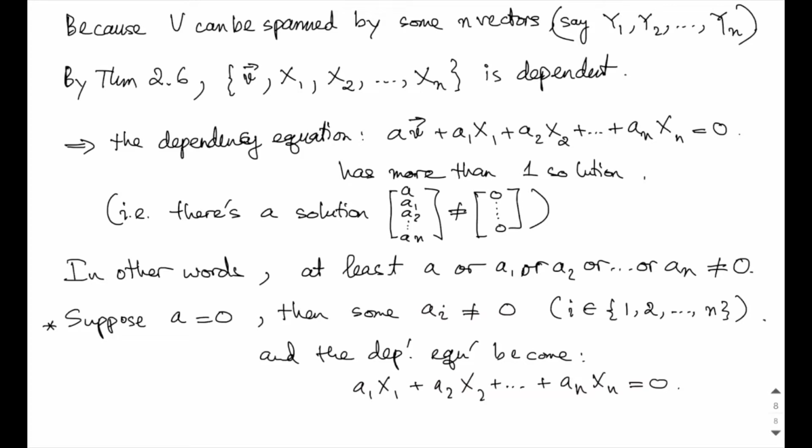So this implies that the dependency equation of x1, x2, xn has a non-trivial solution. That is a1, a2, dot dot dot, an, with ai not 0.